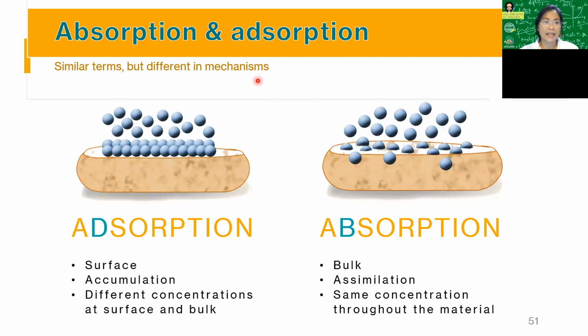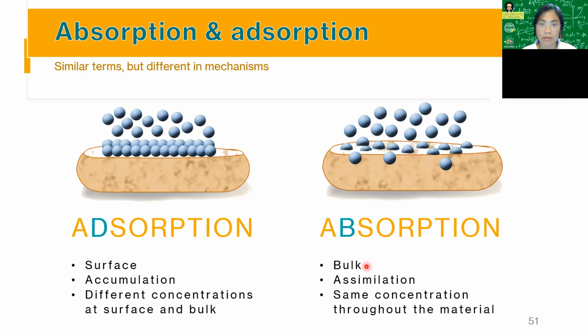So absorption and adsorption are very similar terms, but with different mechanisms. Adsorption is with a D, absorption is with a B. These pictures tell you the difference between adsorption and absorption. Adsorption happens on the surface of the adsorbent, while absorption is the medium being absorbed into the matrix of something.